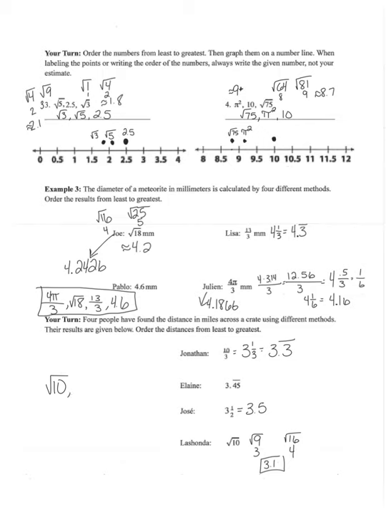And then we have Elaine, 3.45, repeating. And then we have Jose, 3.5.